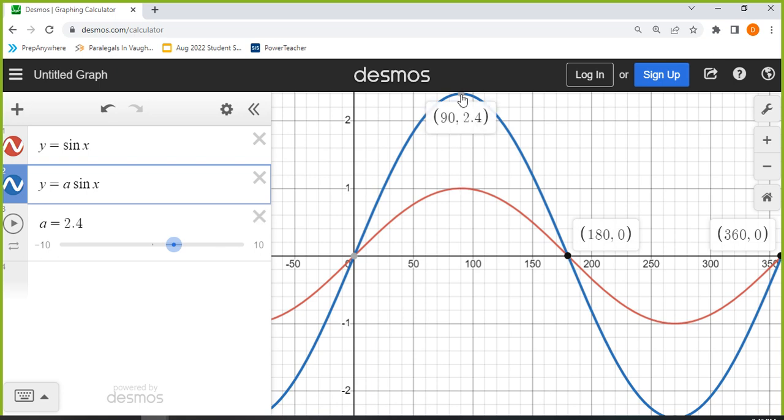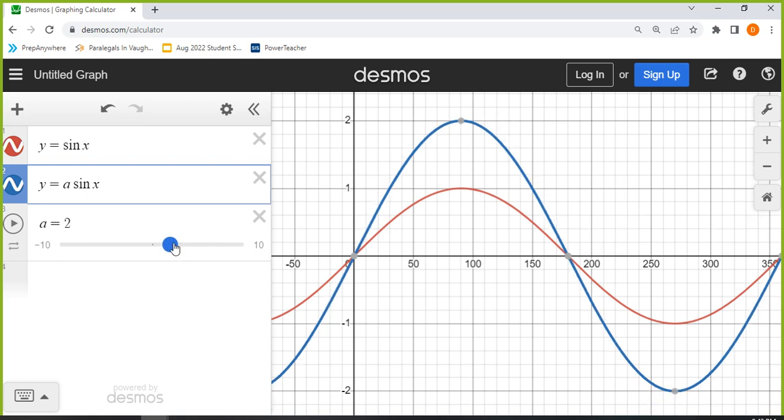The maximum gets stretched up higher, the minimum gets stretched lower. So when we make the a value something like 2, we can see that the maximum happens at +2, the minimum at -2. And as long as I don't shift it up or down or sideways, we know that the maximum value happens at 2 and the minimum value at -2.